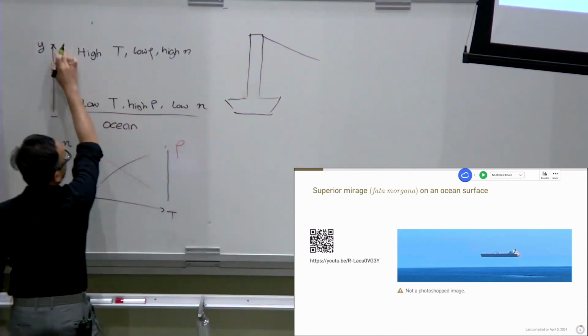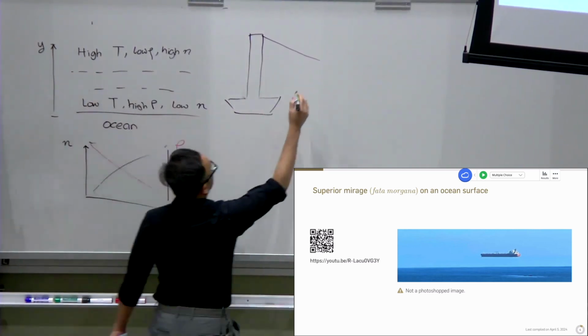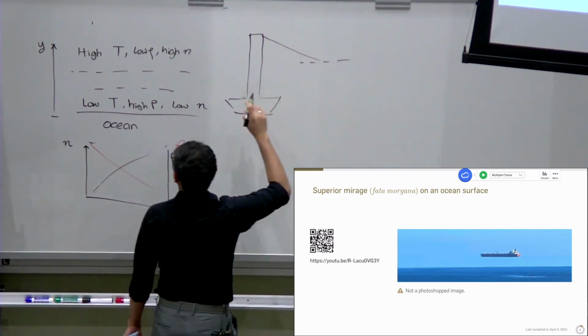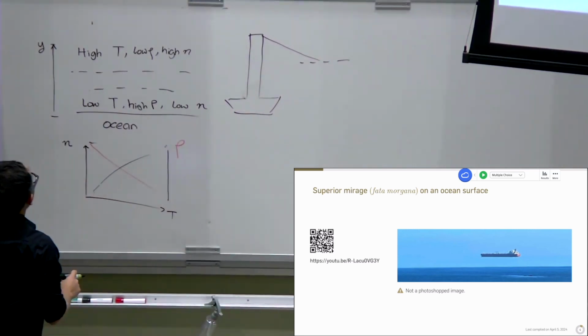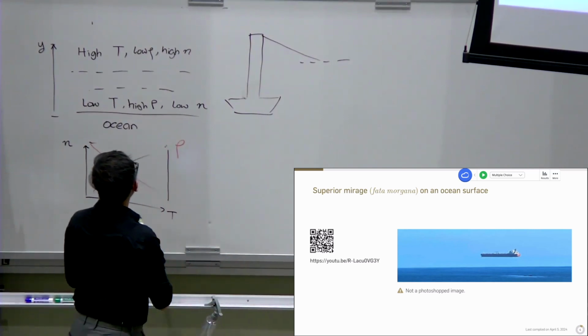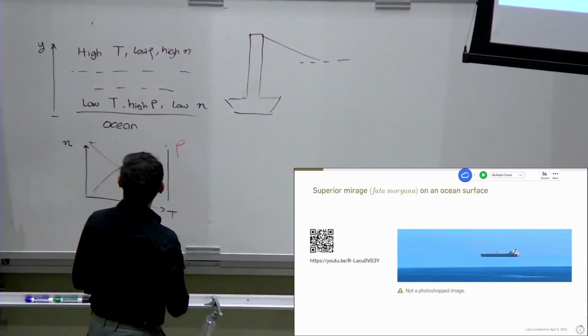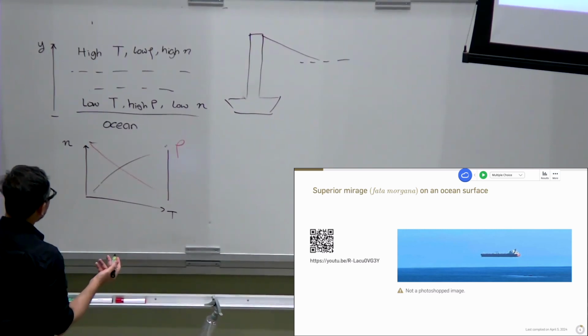There is an infinite number of layers here, but let's just assume there are three layers. Something is not quite right here.